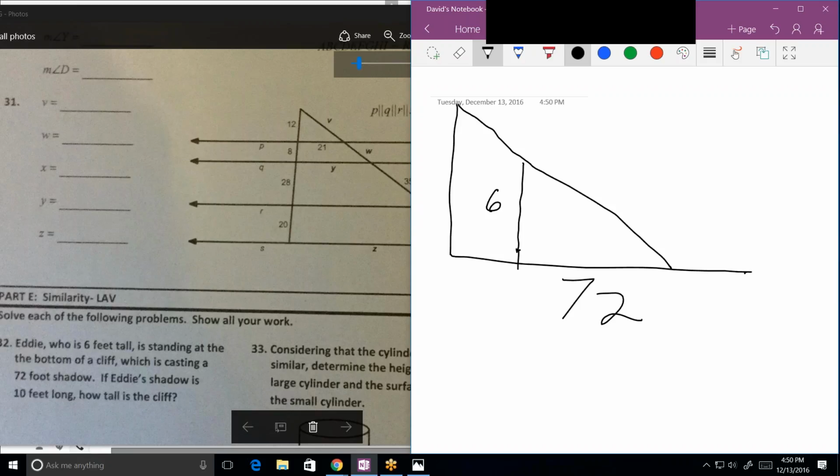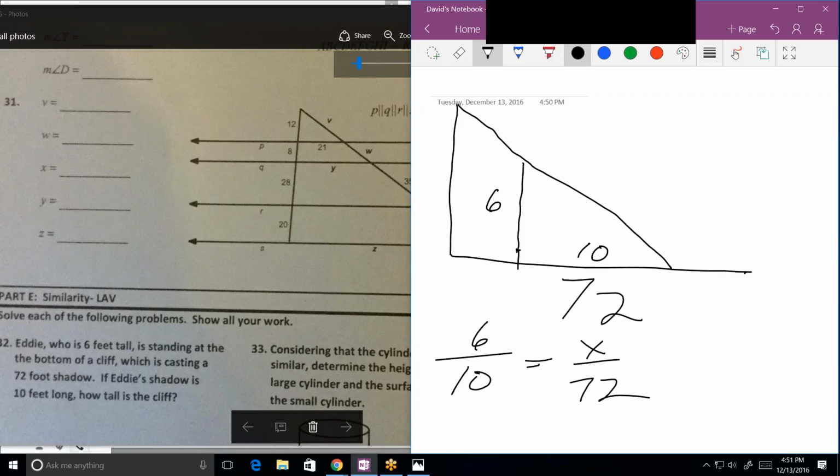So there's our picture. If Eddie's shadow is 10 feet, which I guess has to be this number, so 6 is to 10 as X is to 72.